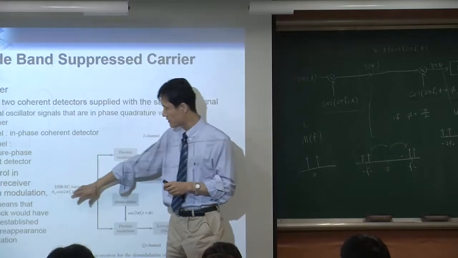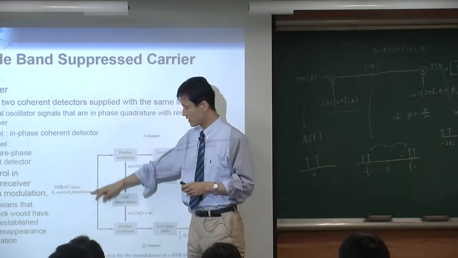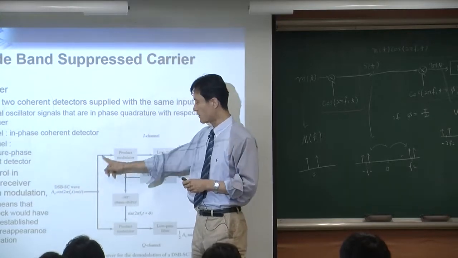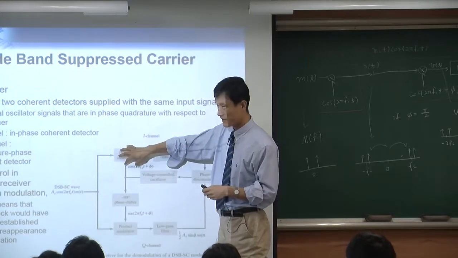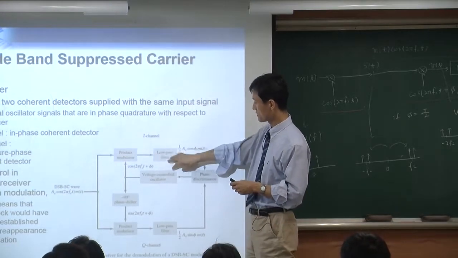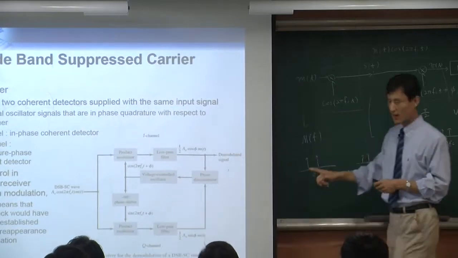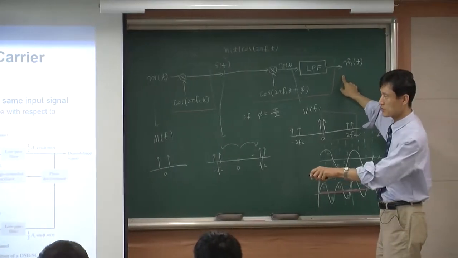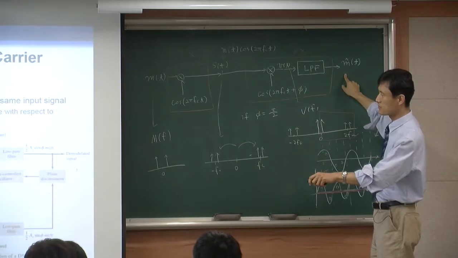S(t) goes up here and also goes down here. When S(t) goes up here, it is multiplied by the carrier and goes through the low-pass filter. The output right here is the same as this, because this one looks exactly the same. So you're going to get exactly the same output right here.